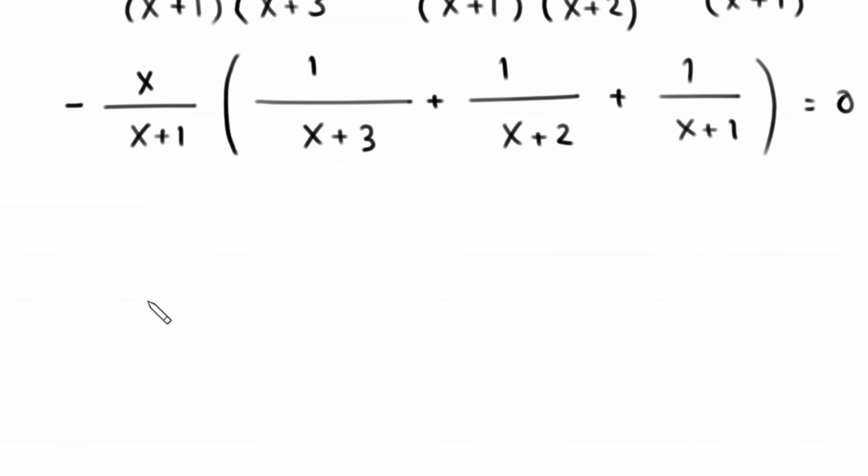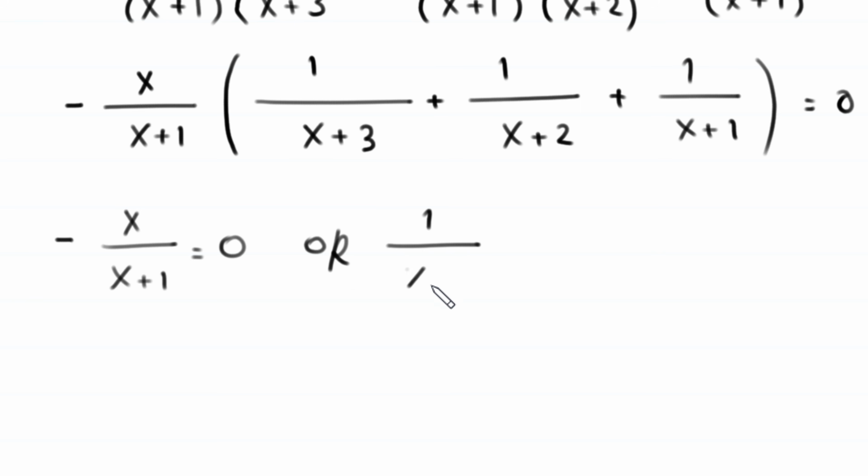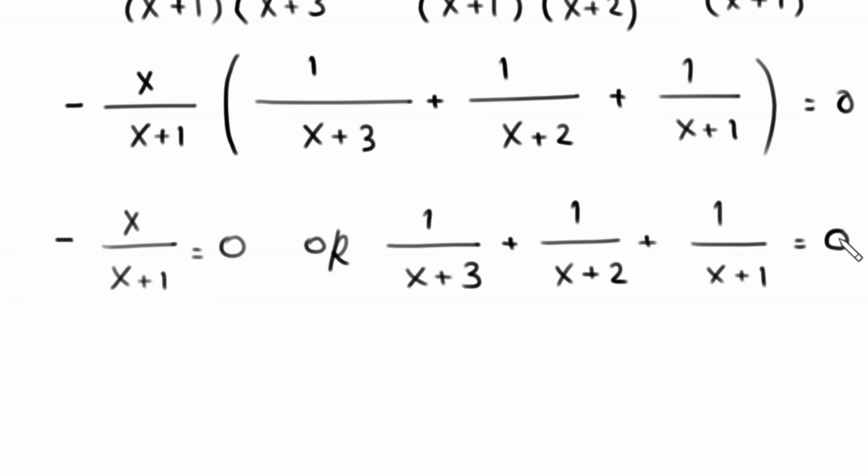Now by using the zero product rule, either negative x divided by (x + 1) equals 0, or the second factor 1/(x + 3) + 1/(x + 2) + 1/(x + 1) equals 0.